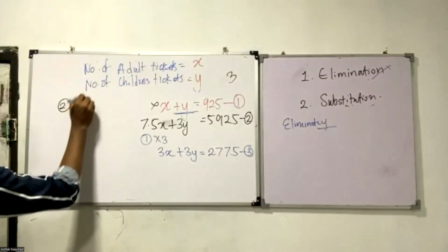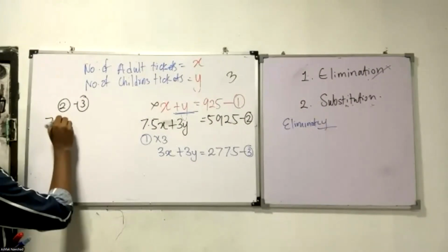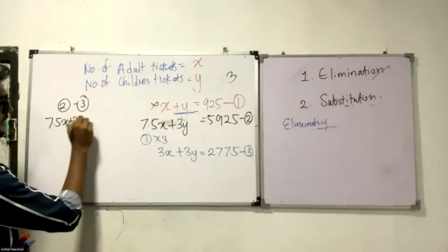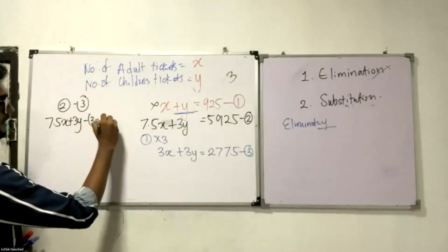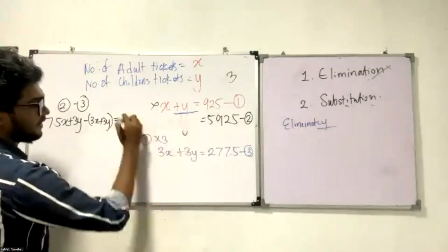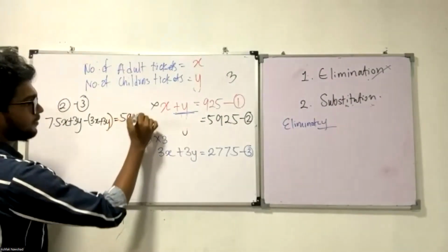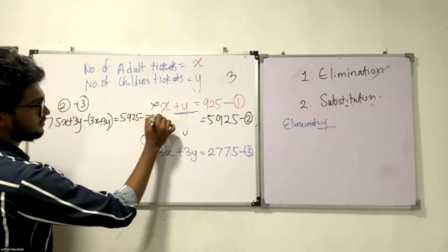I'm left with 7.5x plus 3y minus this 3x plus 3y is equal to 5925 minus 2775.